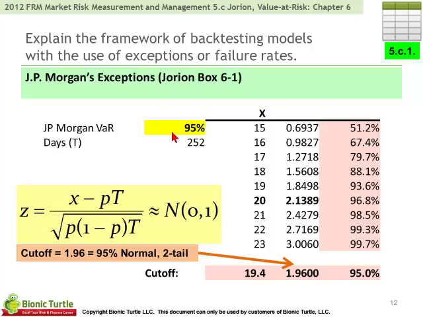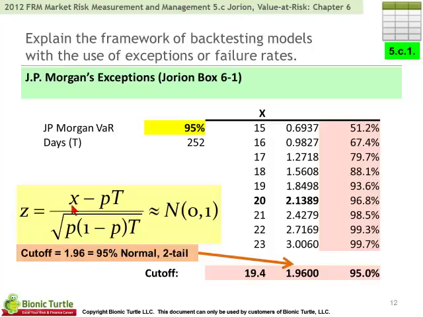So here's a focus on Jorion's box 6.1, where we use that binomial distribution and then approximate it with a z value, so that the binomial starts to approach a z. And you'll notice this fairly resembles the way that we compute a standard normal variable.